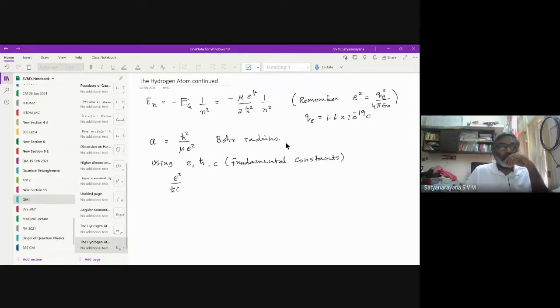So this is dimensionless, and this is what we call alpha, known as the fine structure constant.